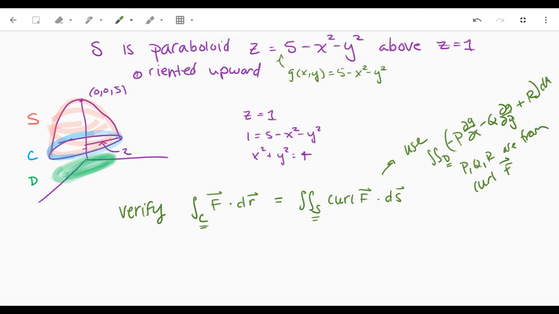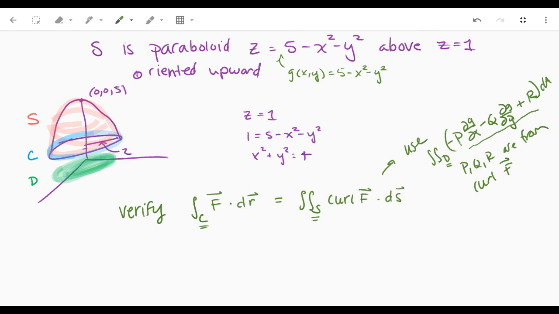All right. So again, think about that. It means that the line integral of that vector field around that boundary C is the same as the surface integral of the curl over the entire surface, which is the same as this kind of expression here. Okay.